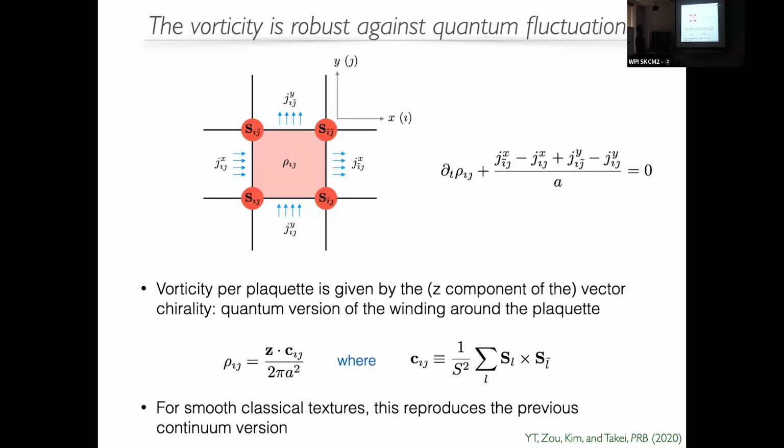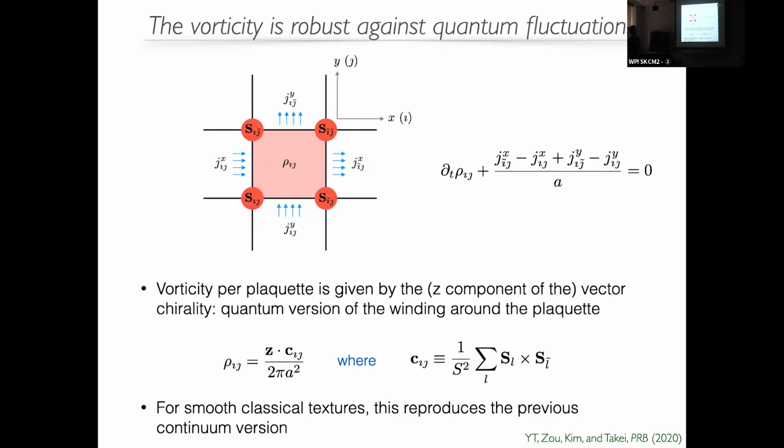These are now quantum spins fluctuating at the vertices of a lattice. The vorticity per plaquette is defined in terms of the z component of the quantum vector chirality, given by the sum over the edges of this plaquette of the vector product of quantum spins adjacent to each other along one of these four edges.